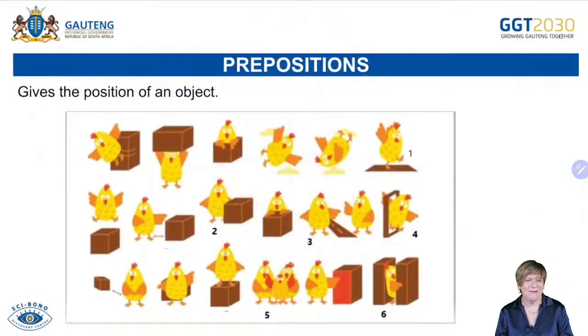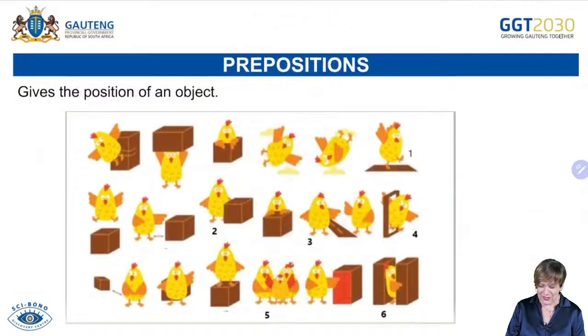So our next part of speech, and we've done quite a few already, is prepositions. And the preposition gives the position of an object. And I've brought all these chickens with me to show you prepositions. Now, I'm sure immediately there's a lot of chickens that you see, but I want you to focus on certain ones.